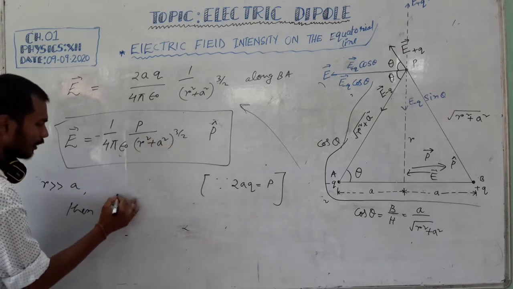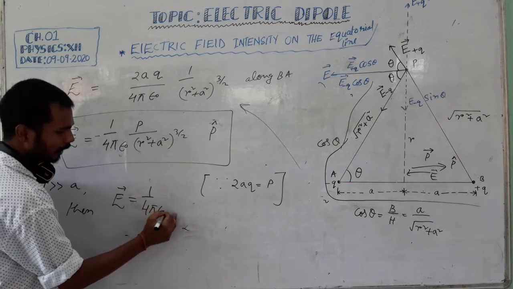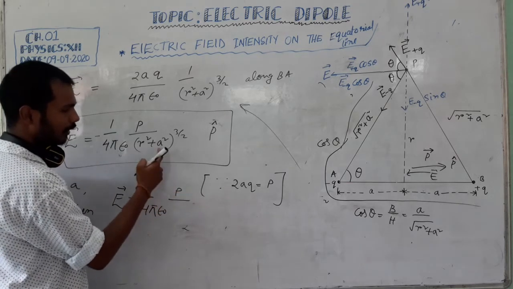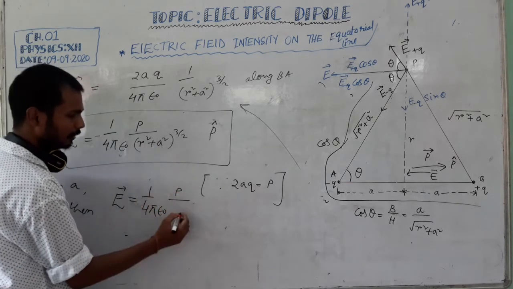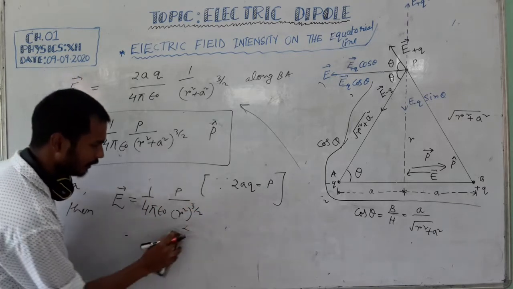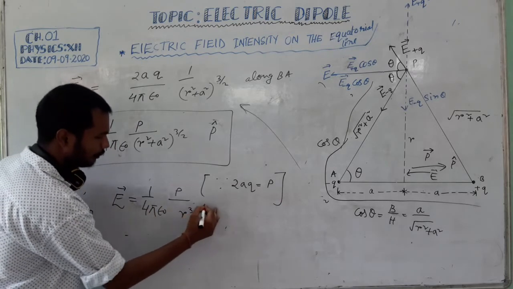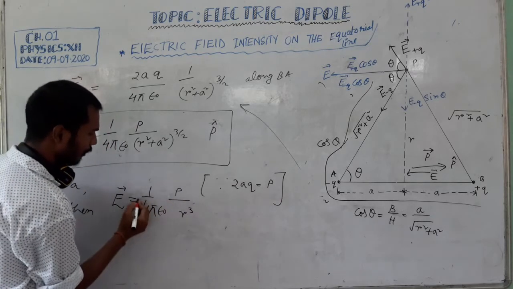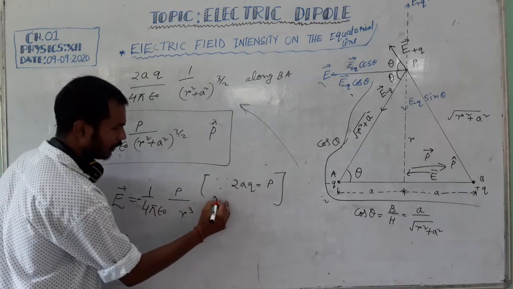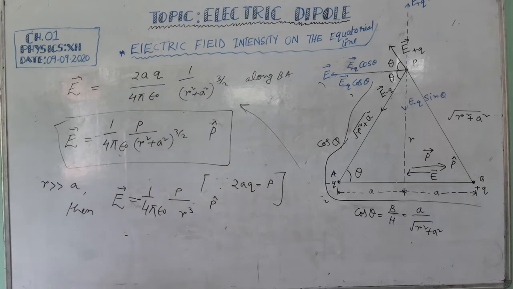So we can write E vector is equal to 1 by 4 pi epsilon naught p by r square to the power 3 by 2, with a neglected. Or we can write this as r cube, with the minus sign, along p cap. This is a case we can discuss.